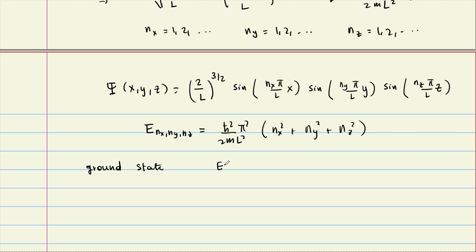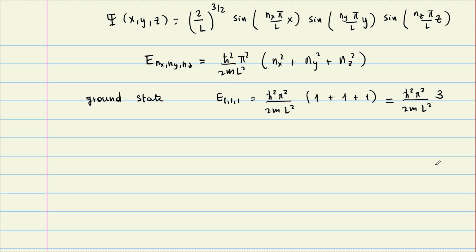So the ground state is going to be E of 1, 1, 1, equal to h bar squared pi squared over 2m L squared times 1 plus 1 plus 1, and this is going to be equal to 3 of these. Good. Simple stuff.